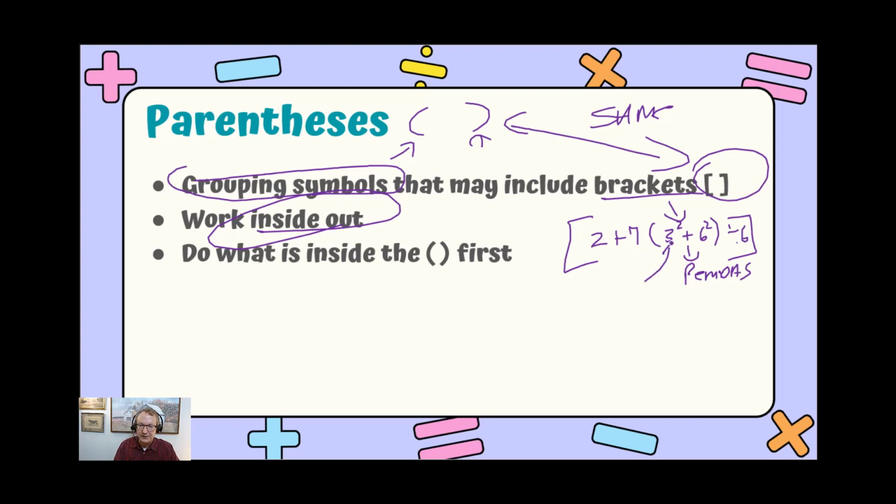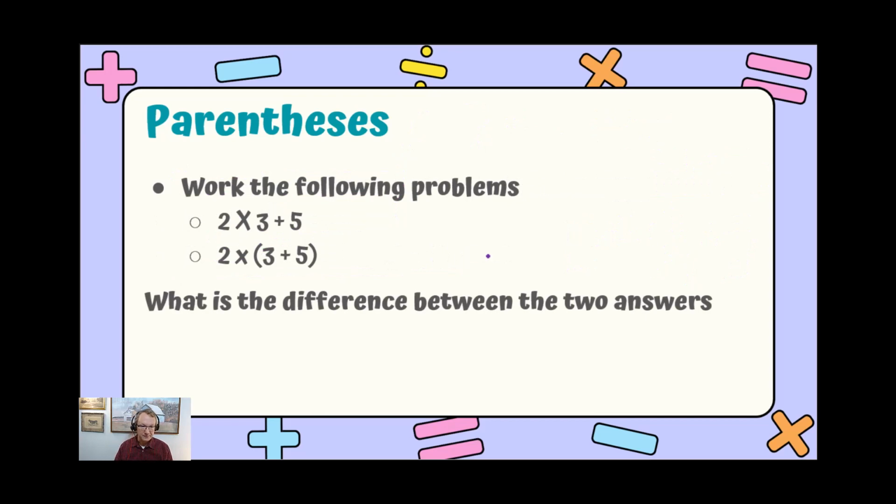So inside these parentheses, you still do PEMDAS. Inside this bracket, you still do PEMDAS. You always do PEMDAS. PEMDAS is our instructions on how to do mathematics properly. And once again, just do what's on the inside first. If you don't take anything else from this slide, take the fact that we work inside out and we do what's on the inside first.